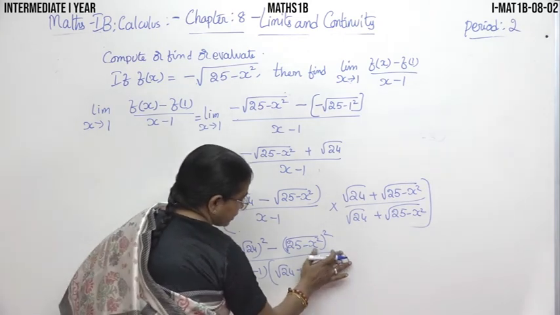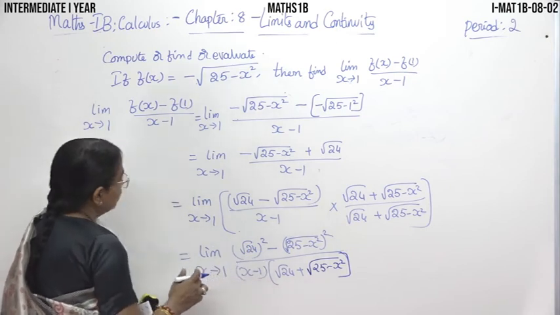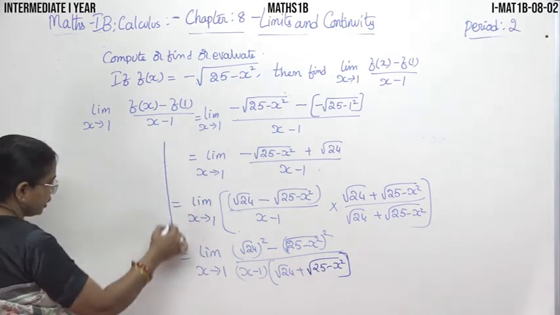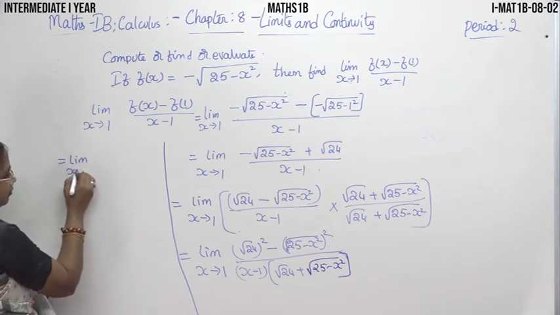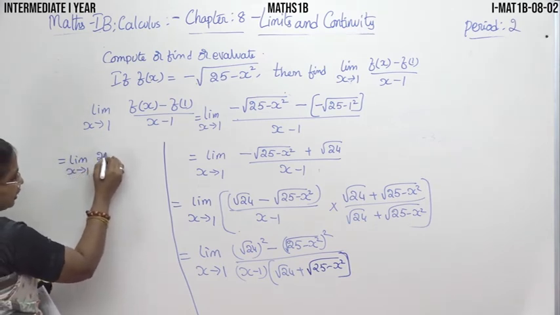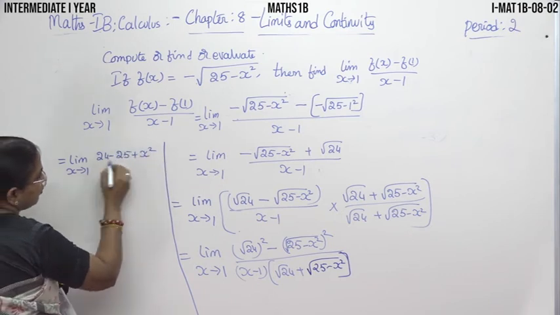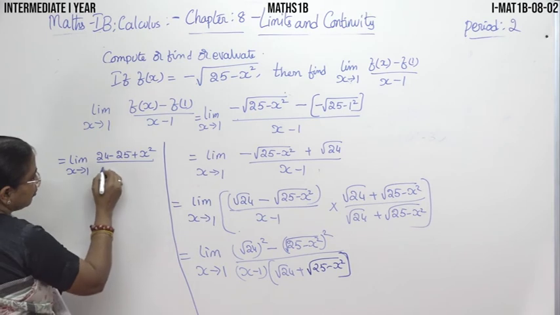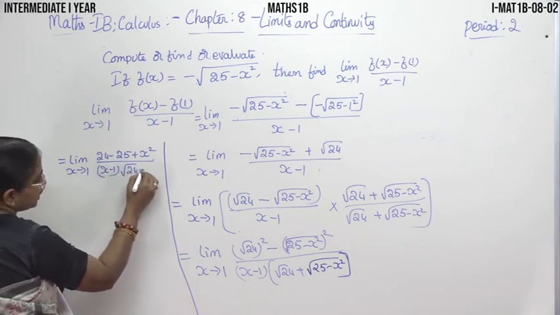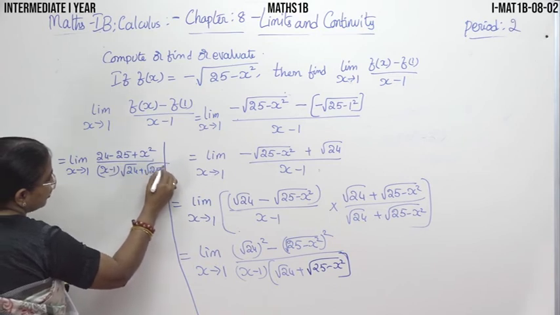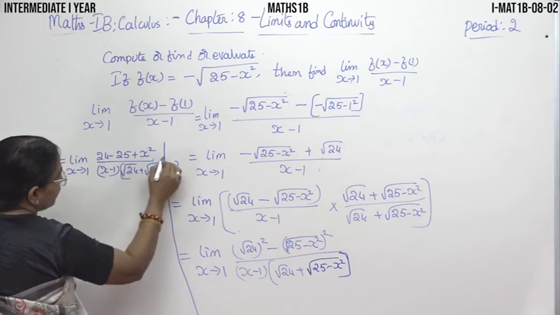I'll put square brackets here. Now this is 24. It is equal to limit x tending to 1 of (24 minus 25 plus x square) by (x minus 1)(root 24 plus root of 25 minus x square).